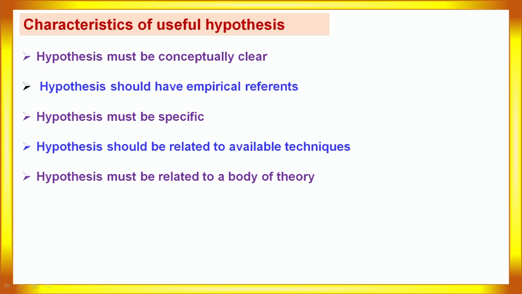Like I was giving the example of the working woman should not opt for the career. This is an example of the moral. So, this hypothesis involves a moral or value judgment. The hypothesis should not be of this particular type.